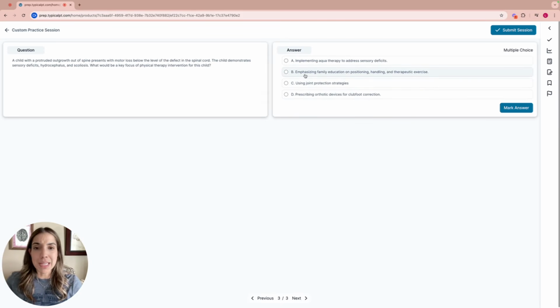The next one, B, emphasizing family education on positioning, handling, and therapeutic exercise, seems like a really good option. C, using joint protection strategies. I would say if the child is not moving too much, then I would consider this one as well.